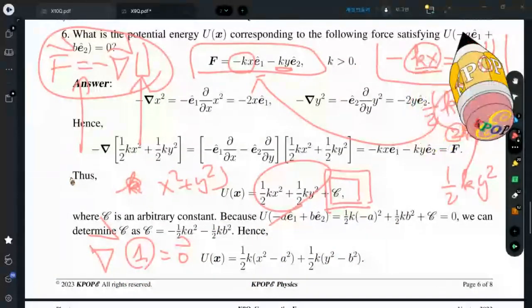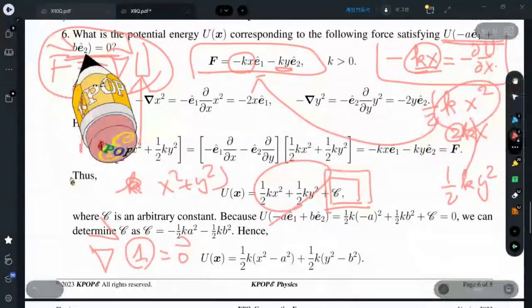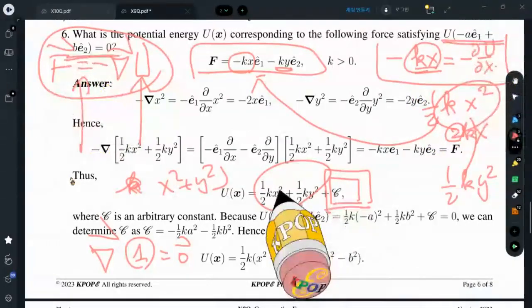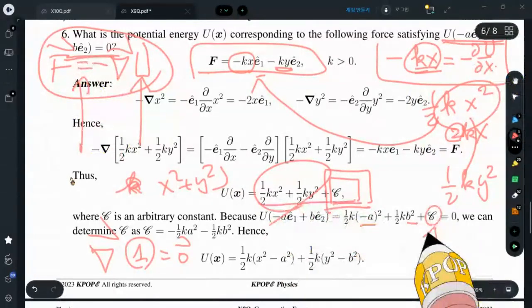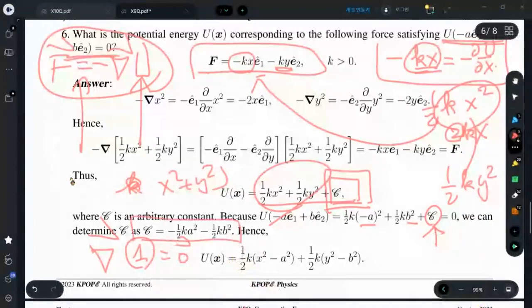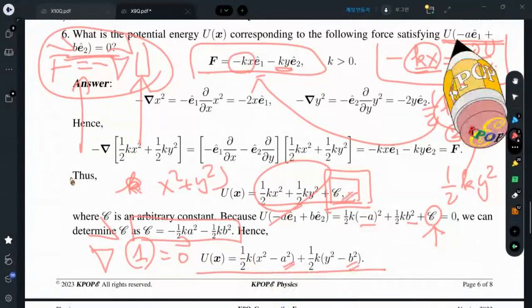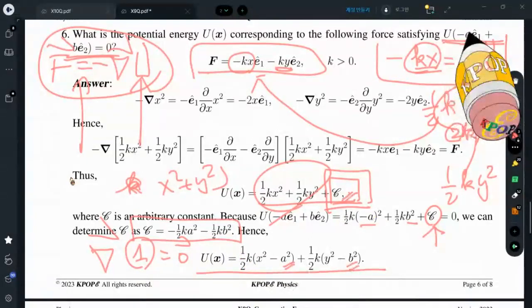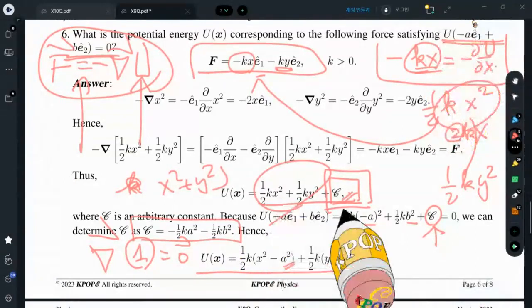However, if there is some condition that the potential energy vanishes at a certain point, then you just substitute these values in the formula and determine what this C is. As soon as you determine this constant, just substitute it into the original form. But anyway, this doesn't matter too much unless you are computing the total mechanical energy with a certain representation of the potential energy. In that case, this constant is very, very important.